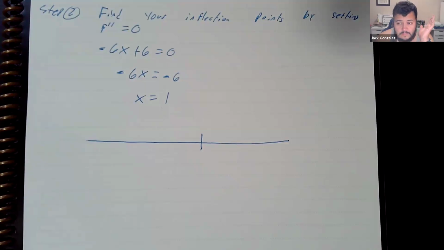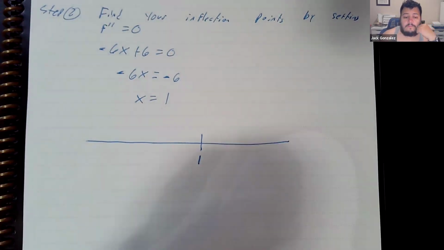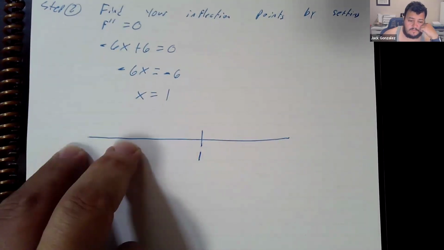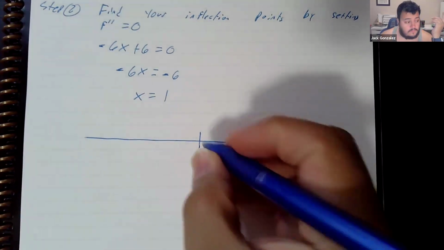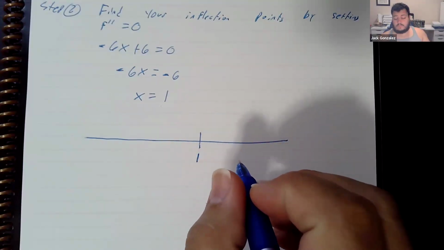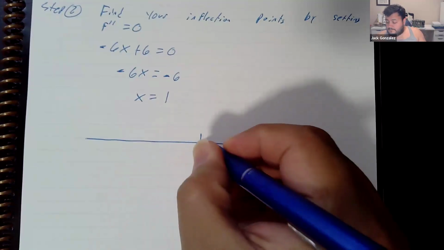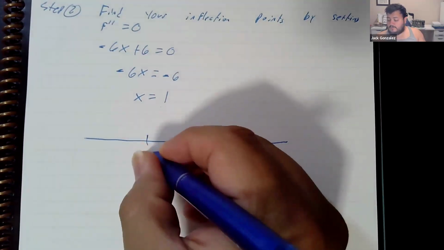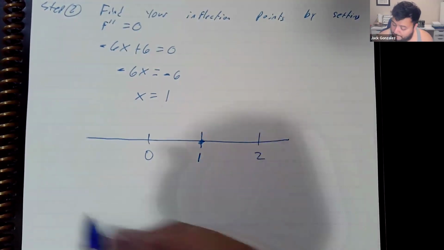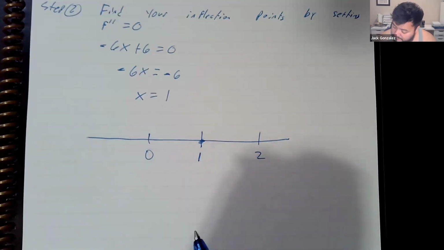So remember, they said find the intervals where you're concave up and concave down. So we know that it changes after 1. So before and after, it'll be two different types of concavity. To just figure it out, let's choose some test points. I'm going to choose the easy one, 0, and I guess 2. We'll do step 3 here.